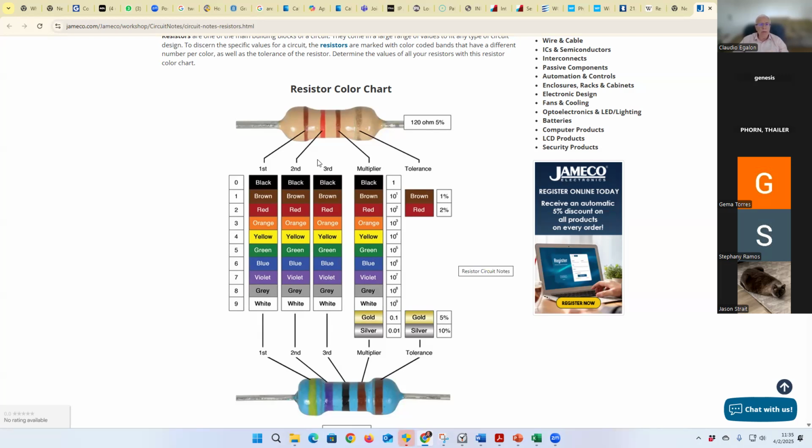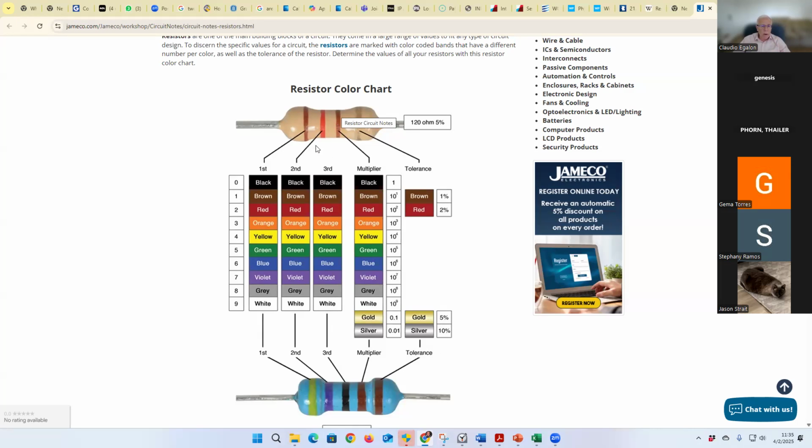So I want you, just as an exercise, to determine what the color would be. Oh, this one already has it. Okay, here you go. Brown seems like red to me. Red or orange? Yeah, it's red. The multiplier factor is brown as well.